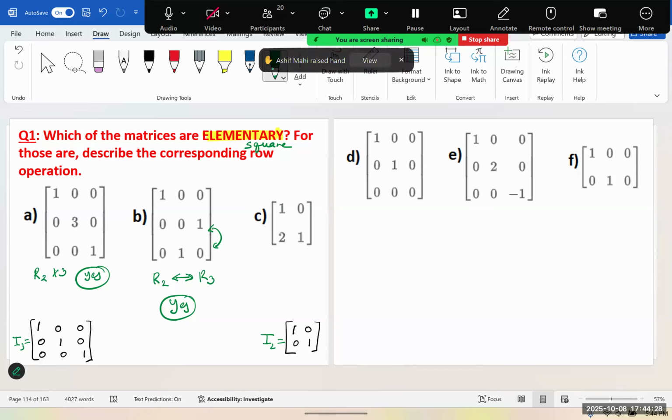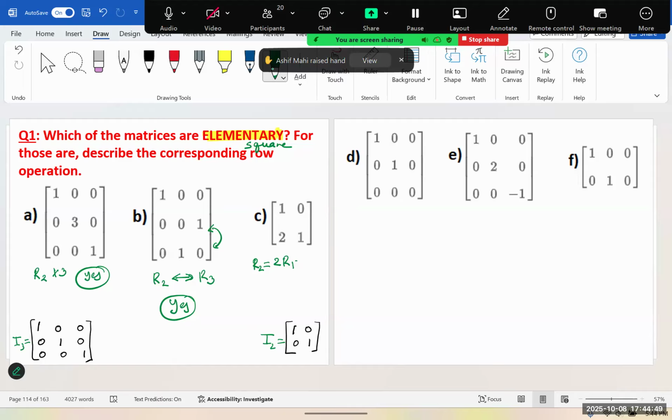Who is ready for C? Go ahead, Ashif. You multiply row 1 by 2 and then subtract row 1 from row 2. So row 2 is 2 row 1. Subtract or add? Subtract, right?